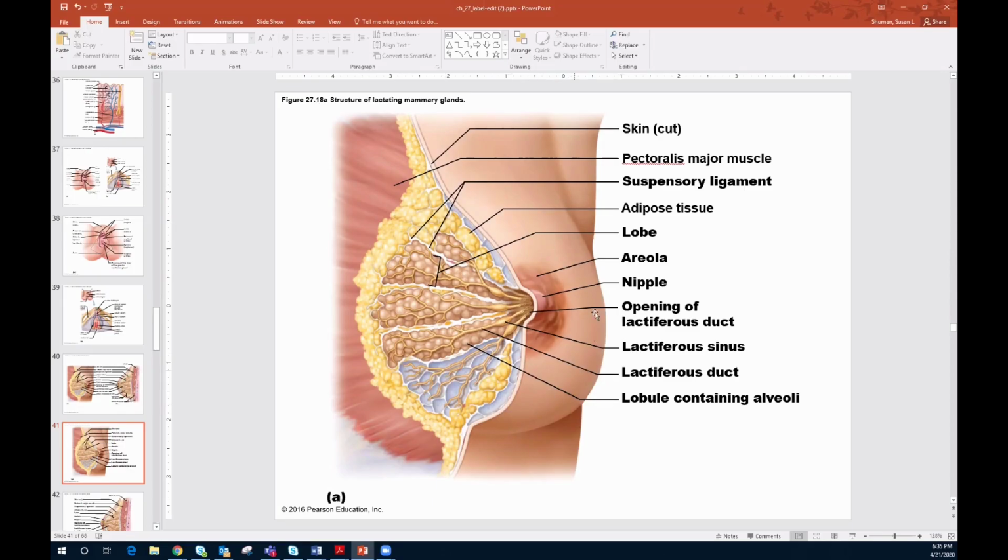But cup size is about adipose. The structures that matter, because the only reason we have breasts, ladies, is to feed a kid. That's really the only design for it. The rest of it is cultural, but it's just lactation.